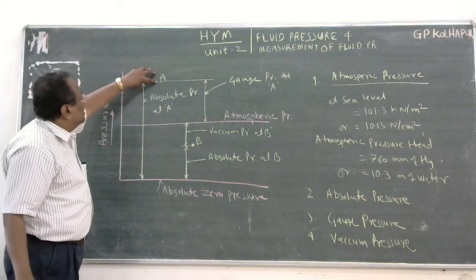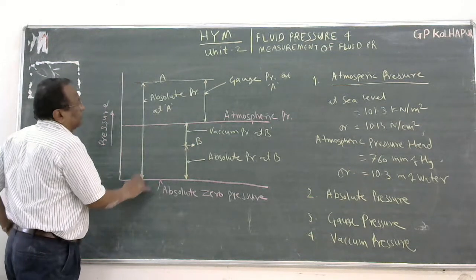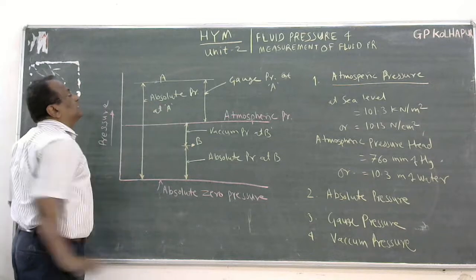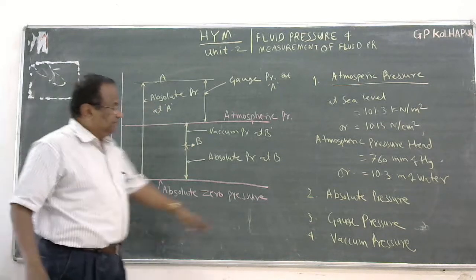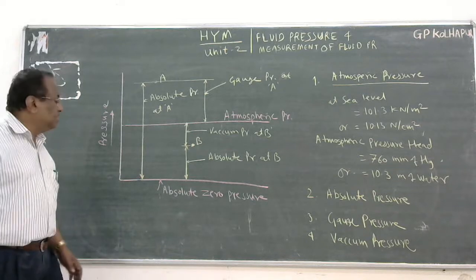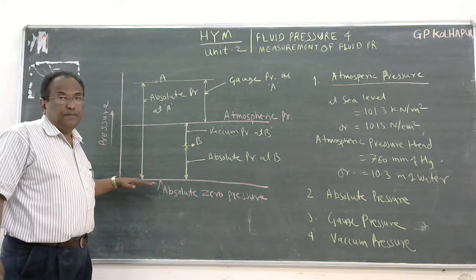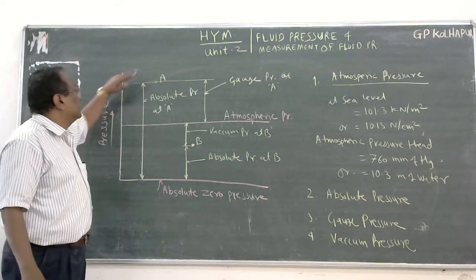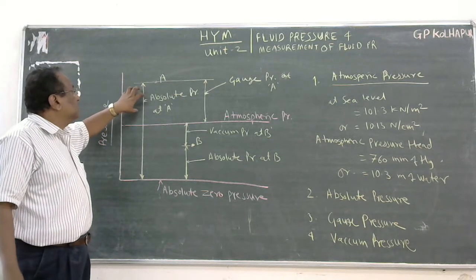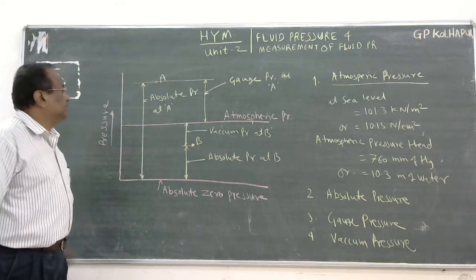If you measure the pressure at A from this reference, that is from absolute zero, the pressure is called absolute pressure. Absolute pressure is the pressure measured with absolute zero as reference.